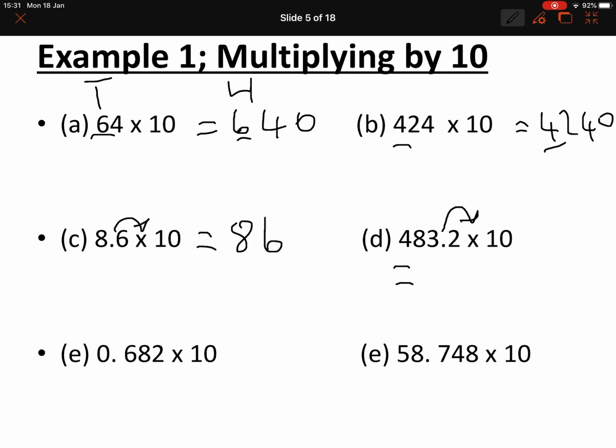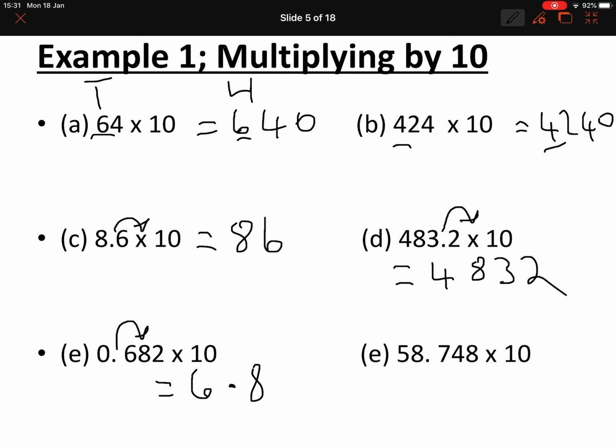When we do 483.2 multiplied by 10, again, the decimal point moves forward one place, giving us 4,832. And you've got to be careful though when we have 0 point something.